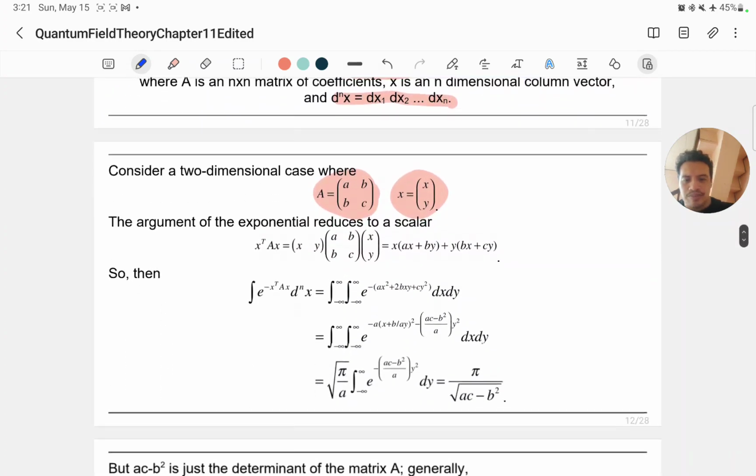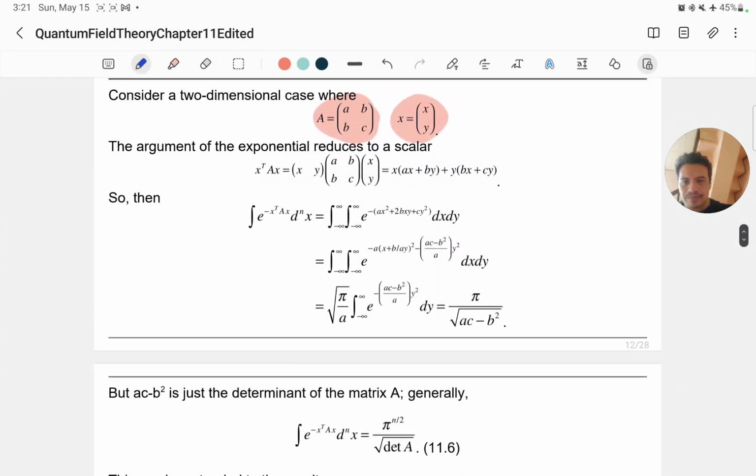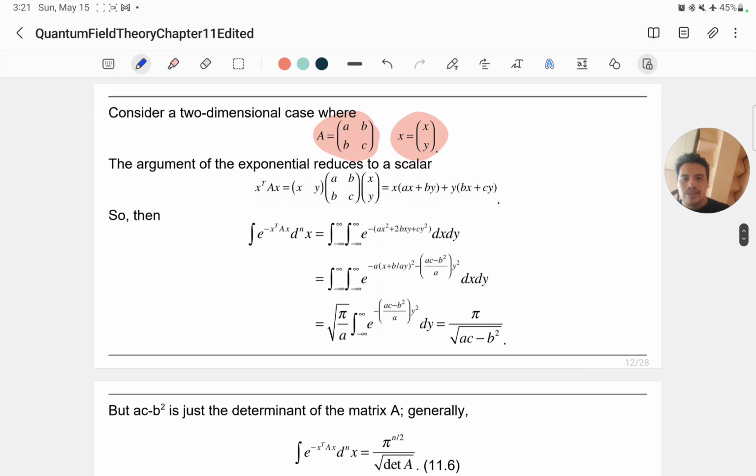So we now continue. Our x transpose times A times x would be given by this one, and so we will have this one, and then finally we will have this form.